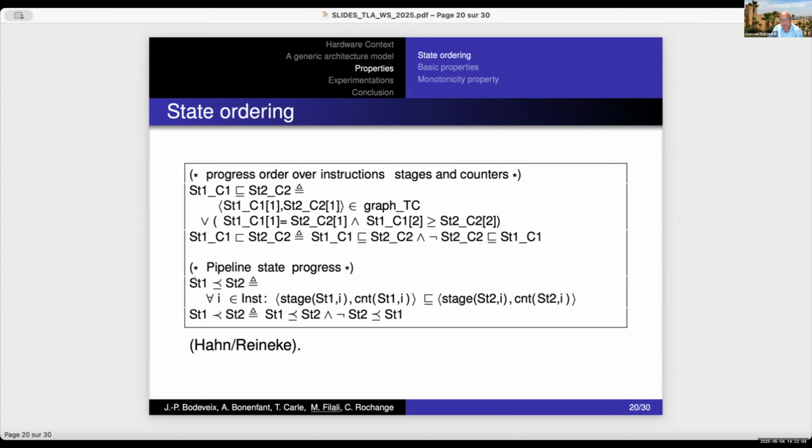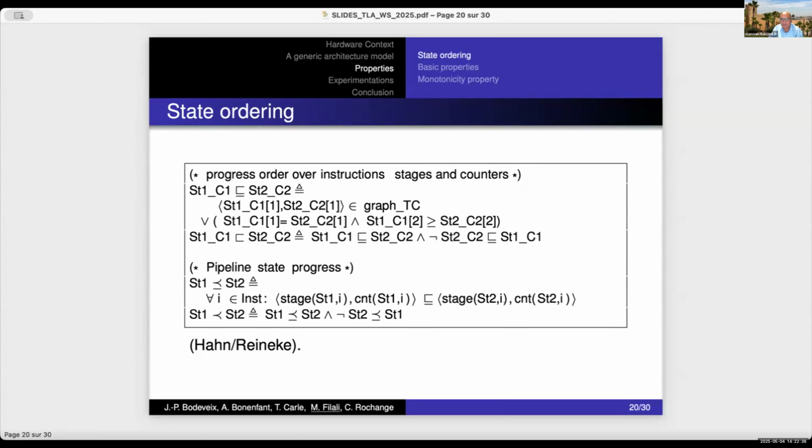So we say that the global state of pipeline 1 is less than the global state of pipeline 2 if for each instruction E, the couple stage counter of this instruction in state 1 is less or equal than the couple stage counter in state 2.